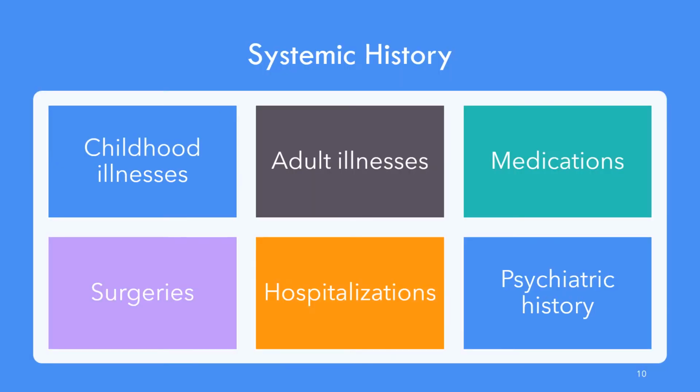A systemic history includes childhood illnesses, adult illnesses, medications, a surgical history, hospitalizations, significant emergency department visits, and any psychiatric history.